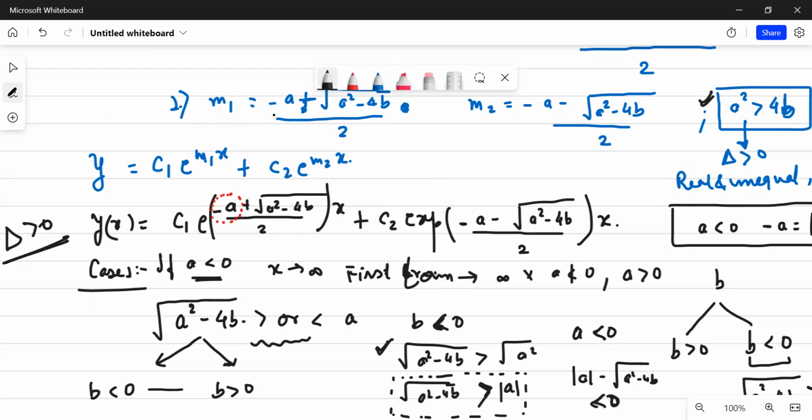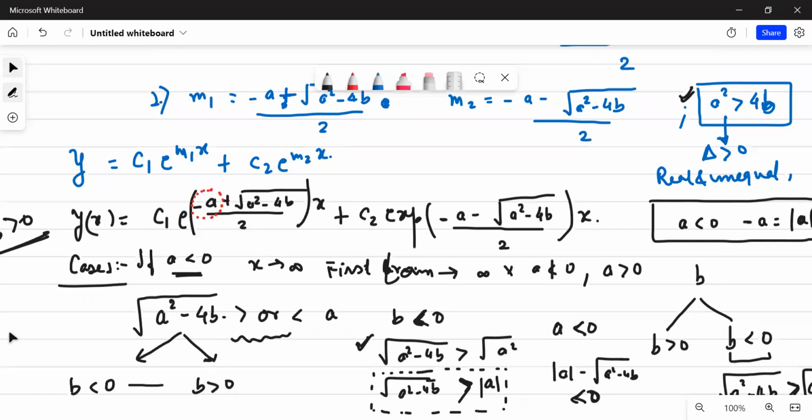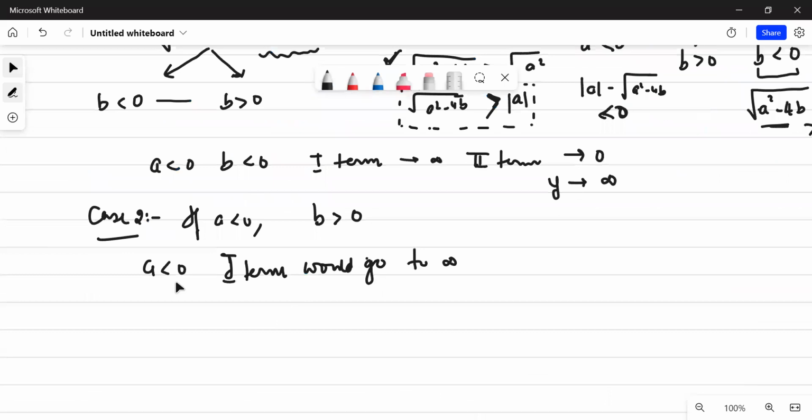So this is under the heading that the roots are real and unequal, that is, if a square is greater than 4b. So that is what is going on. Now the first term would go to infinity. What about the second term? The second term says exponential, I'm not writing constants, minus a minus root over a square minus 4b divided by 2.